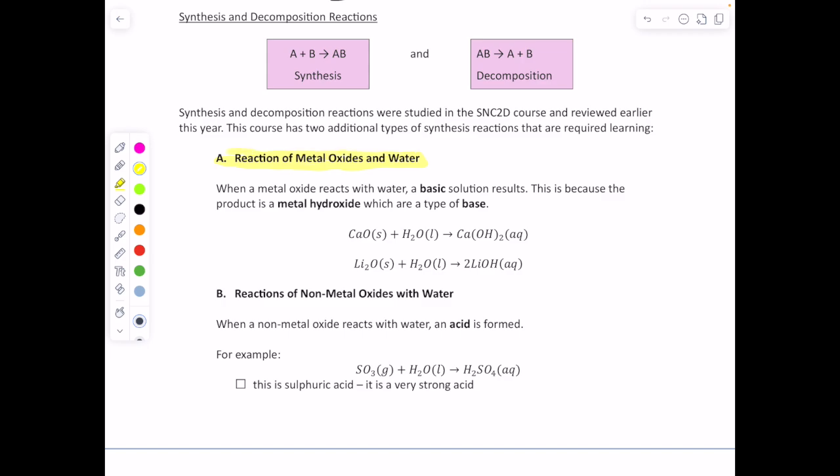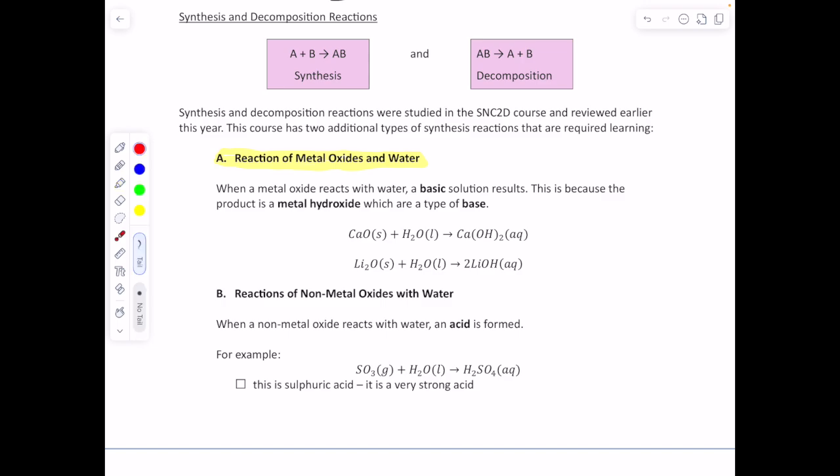They can be summarized in different sections. The first is a reaction of a metal oxide and water. This is when a metal oxide reacts with water and a basic solution results. And this is because the product is a metal hydroxide, which is a type of base.